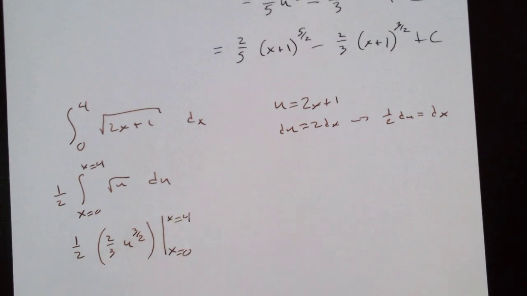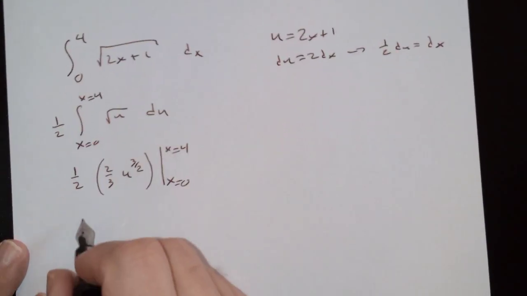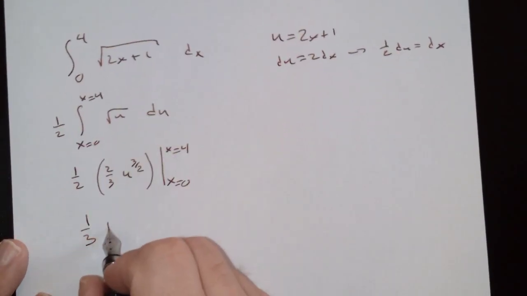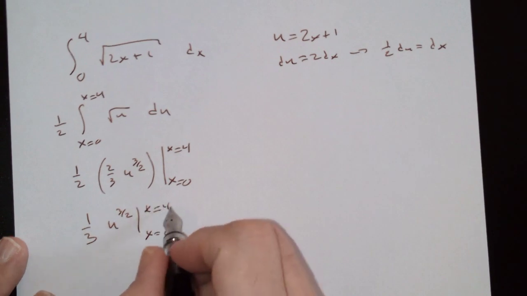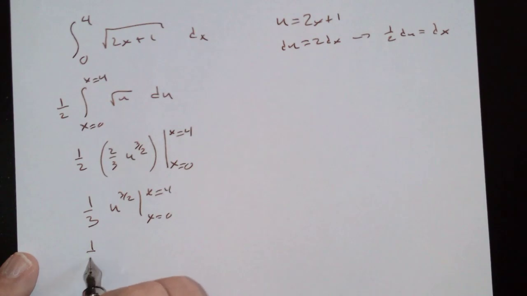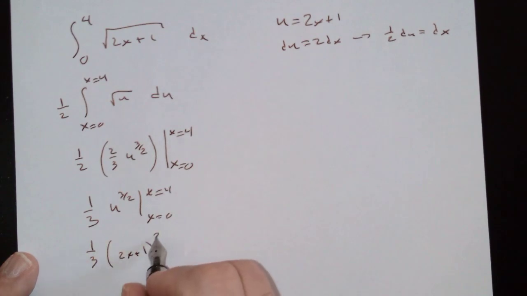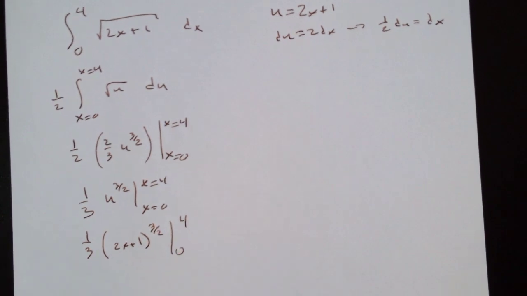So I go through the rest of this process. When I'm doing a definite integral, I don't need the plus c. So I get 1/3 u to the 3/2, x equals 0 to x equals 4. I turn it back into x's. 1/3 (2x plus 1) to the 3/2. Notice now I don't need to write x equals 0, x equals 4, because those are the right letters.